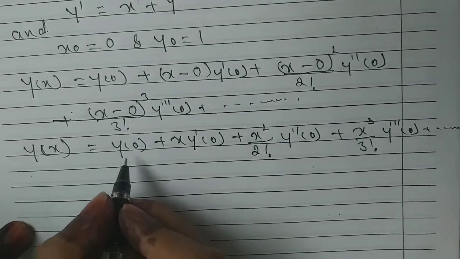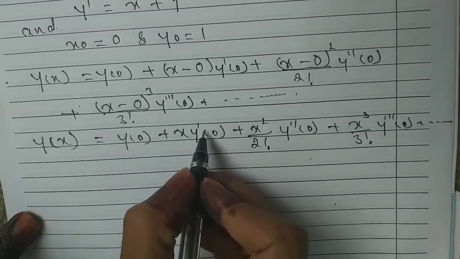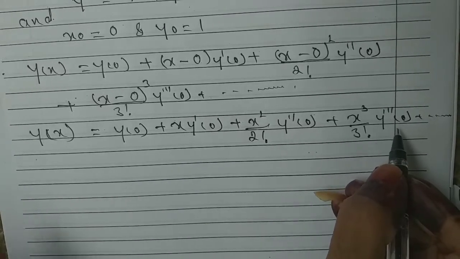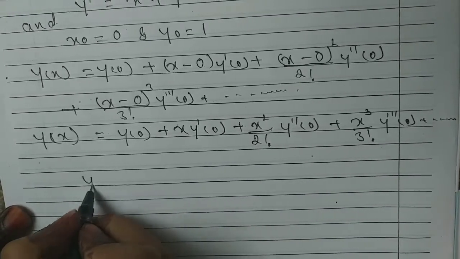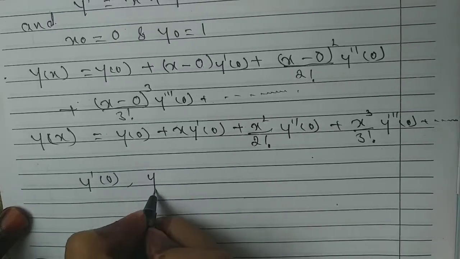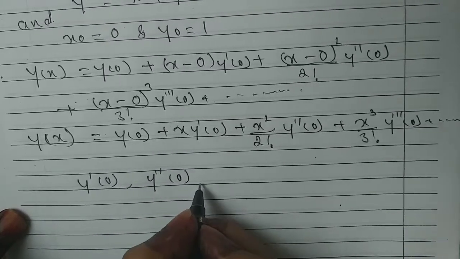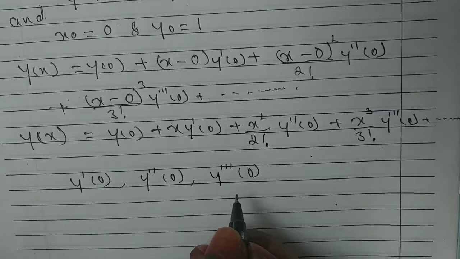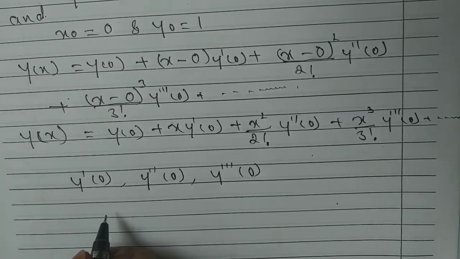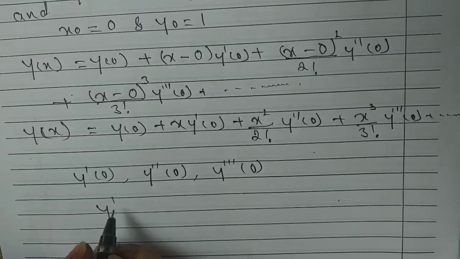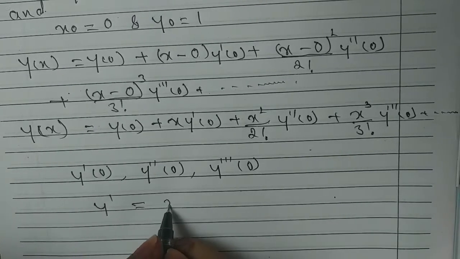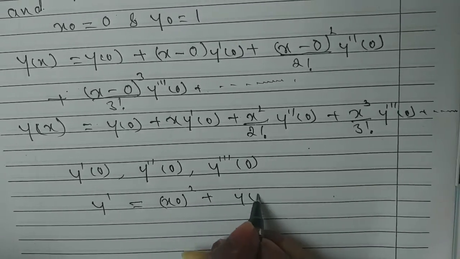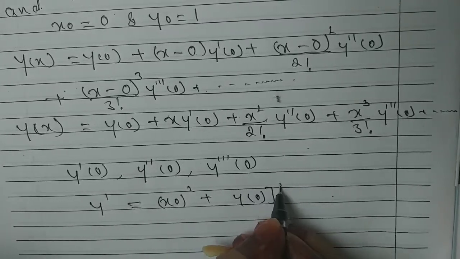So here you can see y dash of 0, y double dash of 0 and y triple dash of 0. We need to calculate these values. So here y dash is equal to x naught whole square plus y naught whole square.